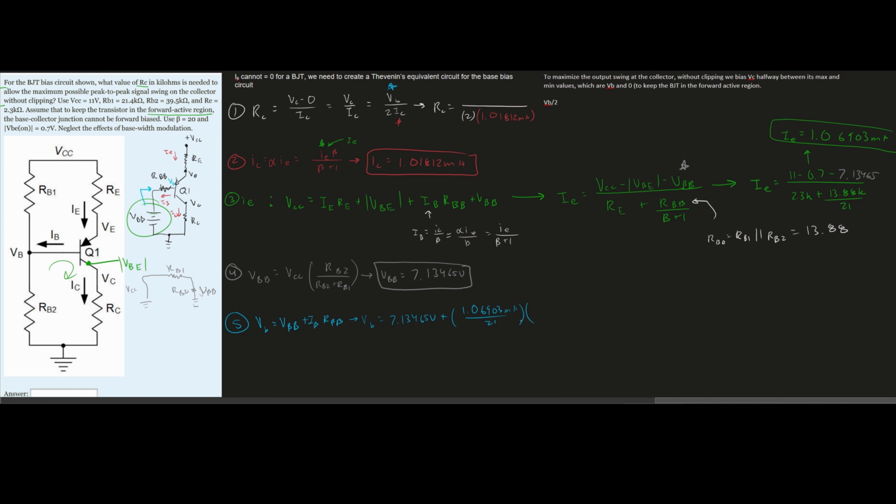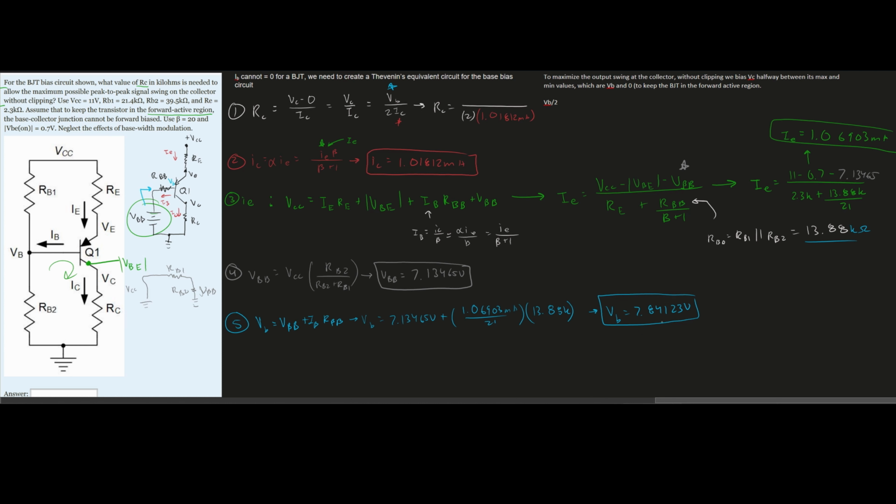And then we multiply this by our RBB, which we found to be 13.88 kiloohms. And the milli and the kilo would just cancel out here. And then we are going to add these all together, and we are going to get that our VB is approximately 7.8412 volts. So that is going to be the value for that.